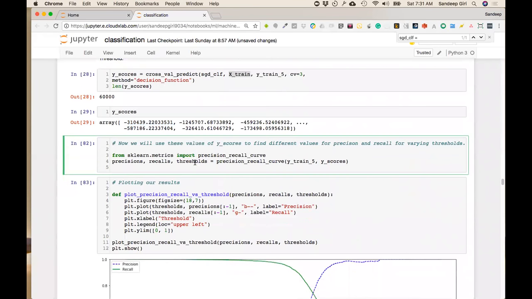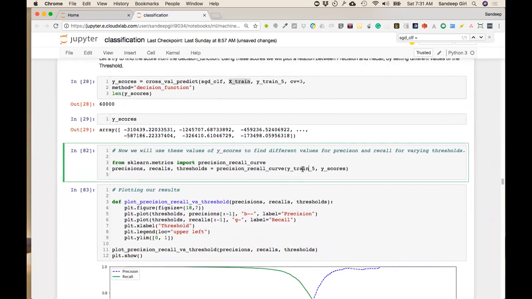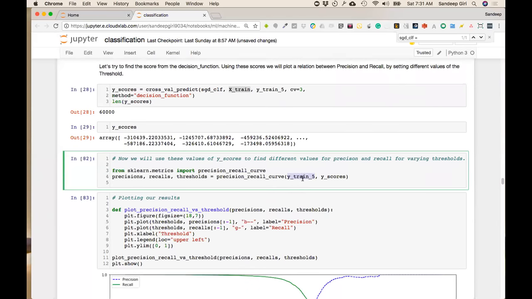Now, here we are importing a function called precision_recall_curve. Using this function, we can compute the precisions, recalls, and thresholds. We are saying that this was our original data, y_train_5.